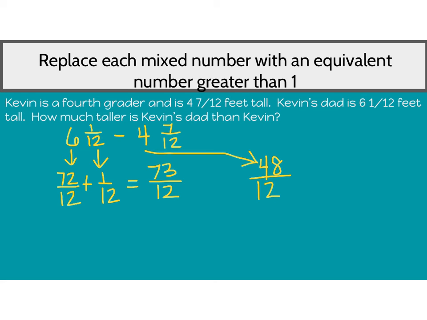And then we're going to take the original 7 twelfths and add that to that, and that equals 55/12. So now we have 73/12 and 55/12. We're going to put those into our subtraction problem.